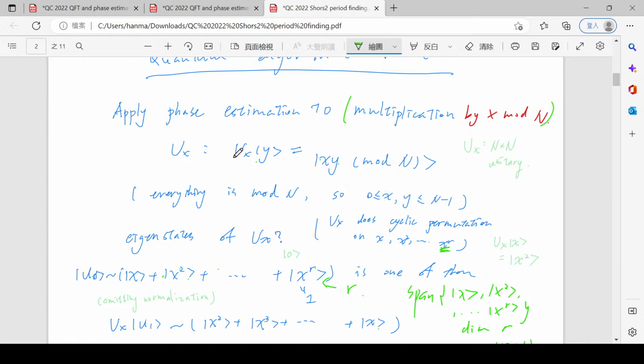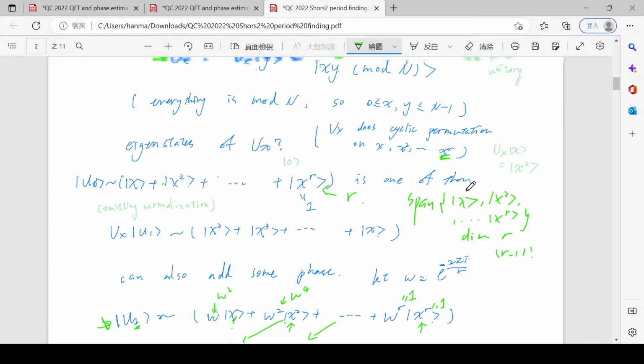Because we see that if we feed x to this U_x, it's going to give you x^2, x^3, all the way to x^r. So this is an invariant subspace under U_x out of this N-dimensional space.